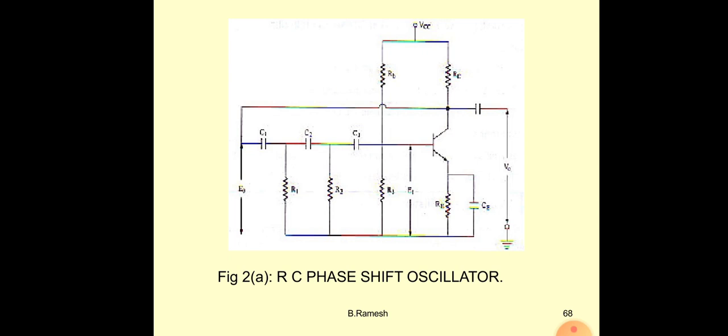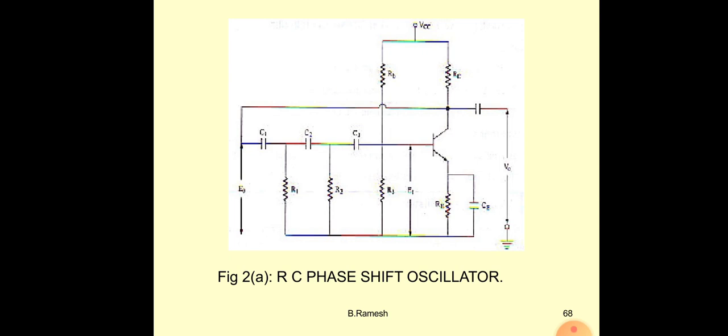When the input voltage is given to the RC section, the first section produces a 60 degrees phase shift, the second 120, and the third RC section produces 180 degrees. In total, 60, 60, 60 produce the 180 degrees phase shift.